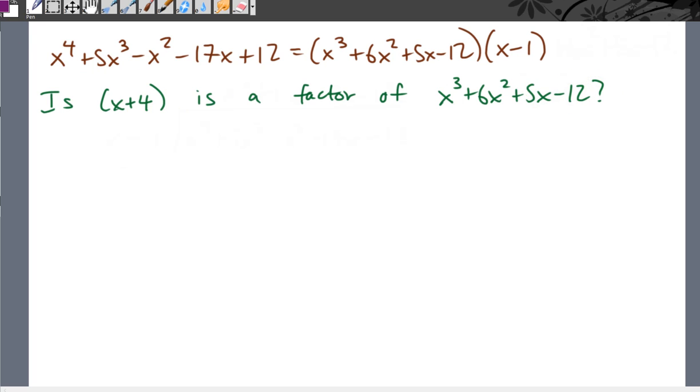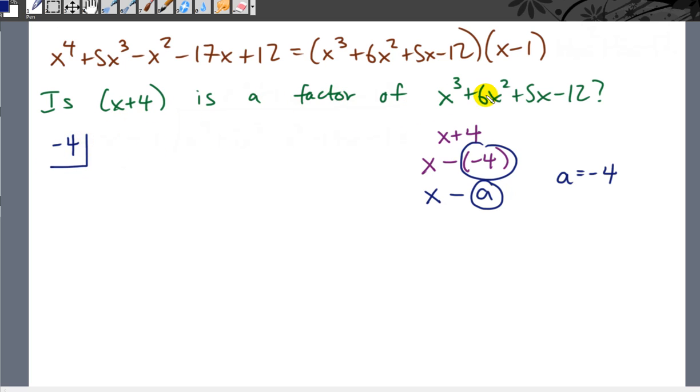If we use synthetic division on this, we have x plus 4, which is the same thing as x minus negative 4. Recall that for synthetic division we need x minus a, so a is negative 4. Now let's use synthetic division.